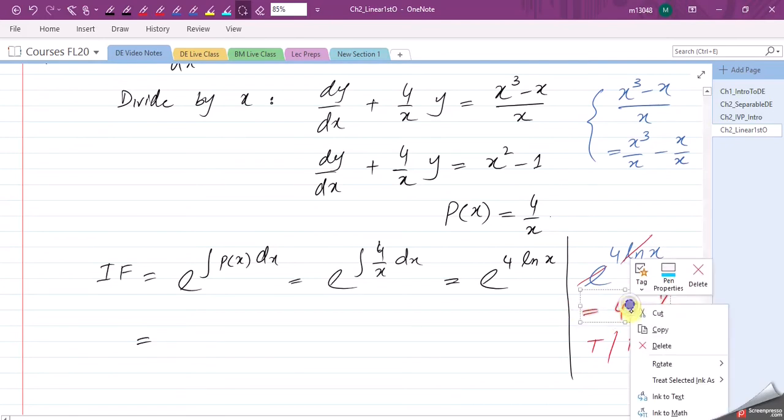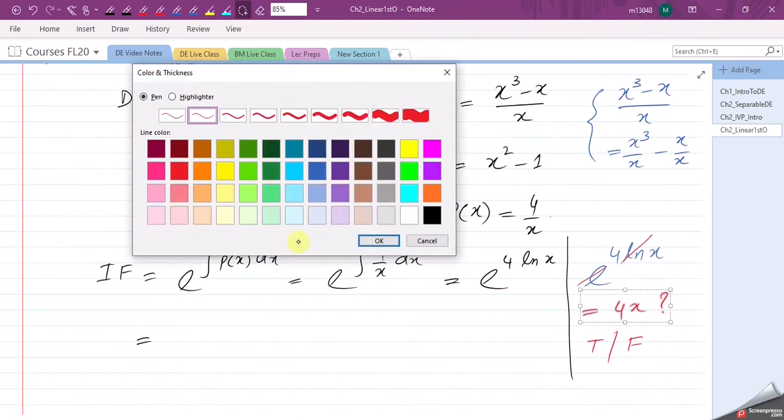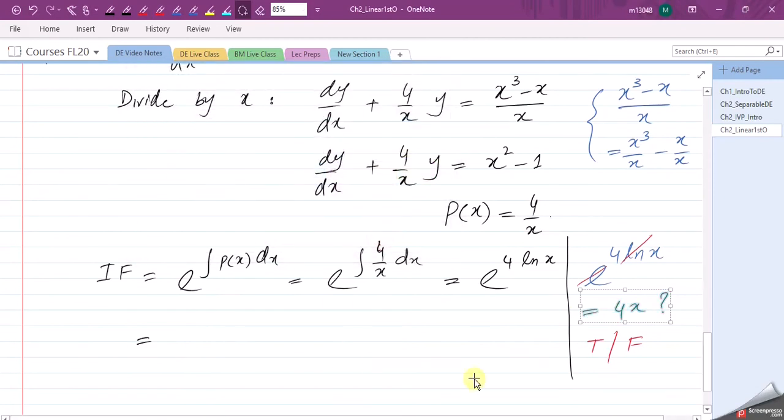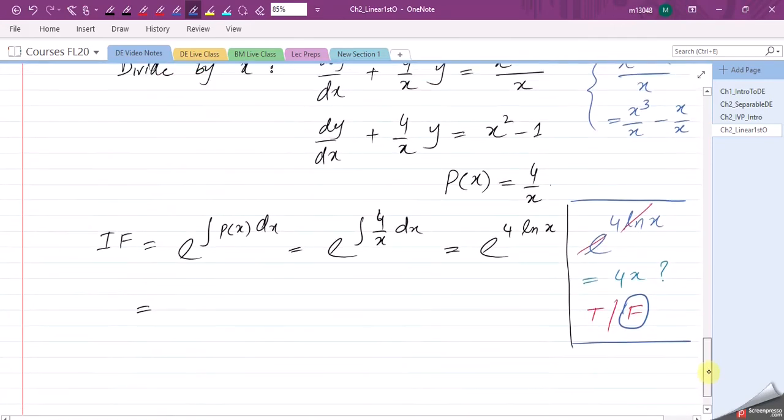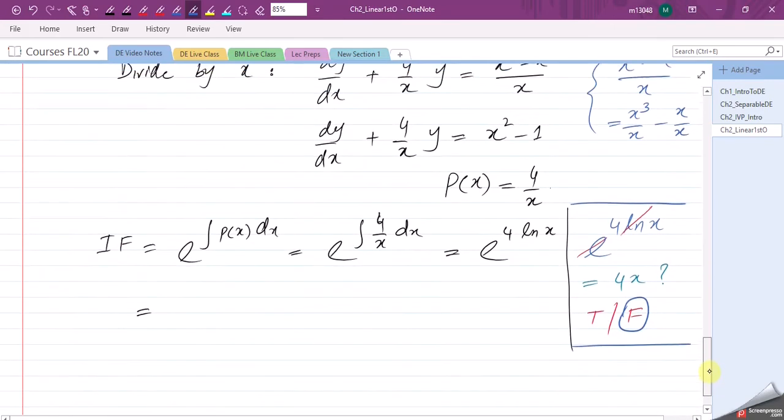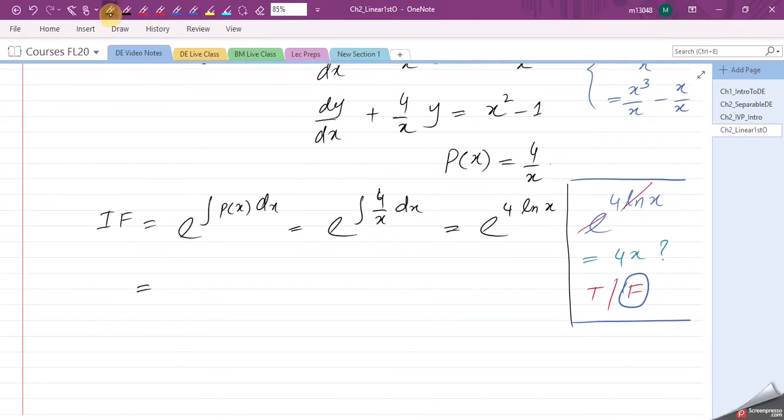Give your opinion. It is very false. Not only false, it is seriously false. Please never ever cross like this.